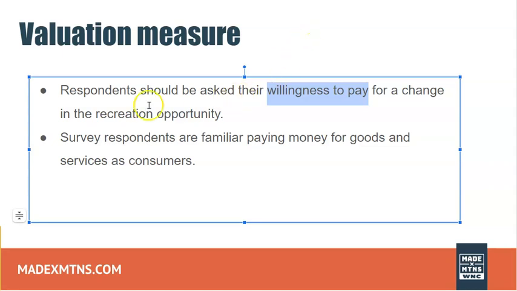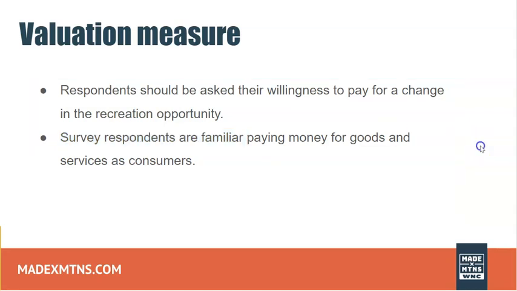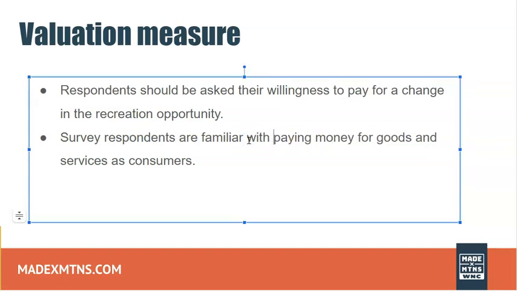Okay, so we use willingness to pay because survey respondents are familiar with paying money for goods and services. Okay, every day we engage in consumer transactions, and so paying more money for something will make sense.